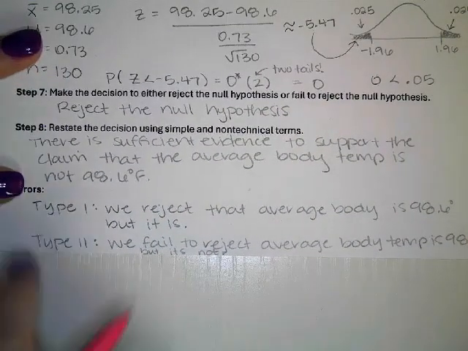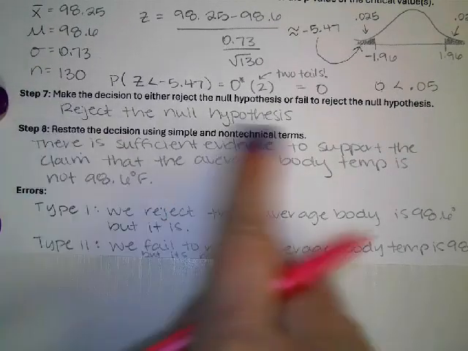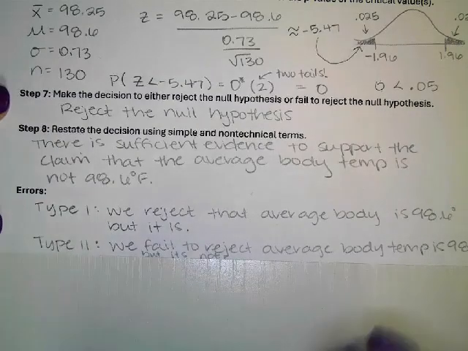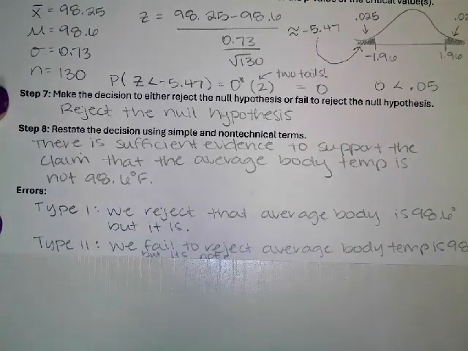And the type that I'm at risk for with my conclusion right here, we rejected the null hypothesis. So the one that we are at risk for if we made a mistake is that we did reject the null hypothesis. So we're at risk for a type 1 error if we made a mistake.